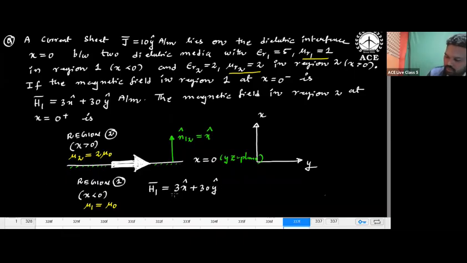Whichever is constant, that itself is the normal, here it is Hn1. The other is a tangential component, Ht1. Clear? I'm going to turn the page here.